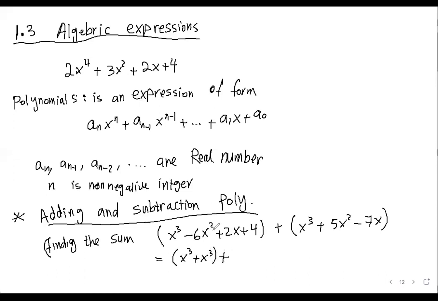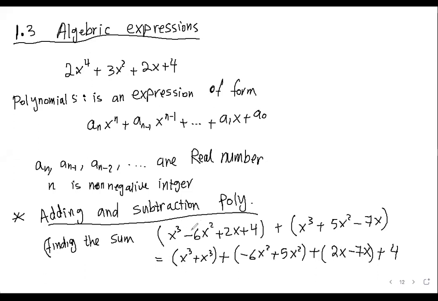Plus, here I have minus 6x squared plus 5x squared. Another one, 2x and minus 7x. Plus, I have here 4 and here I have nothing, so plus 4.